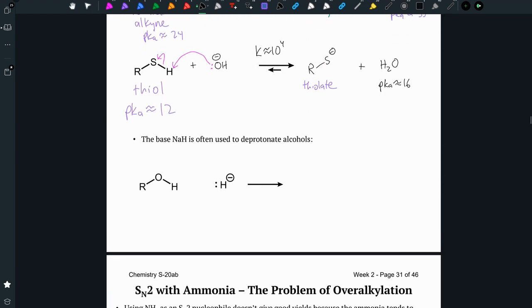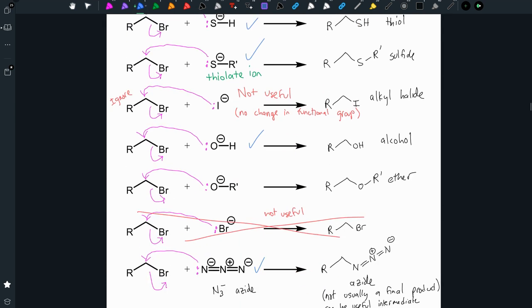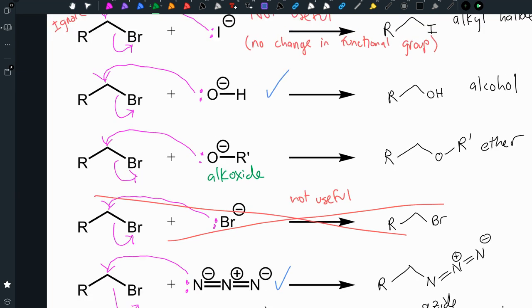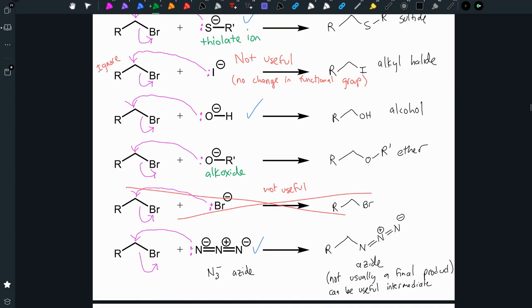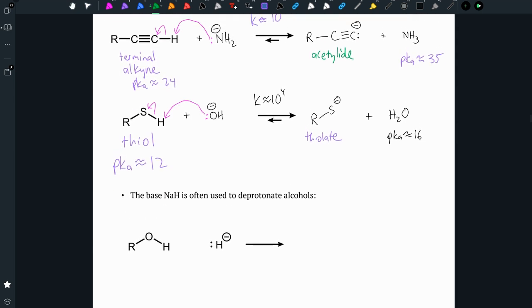All right, then one more. So I've covered how I can make thiolate. One more I might want to make is this RO minus ion. We call this an alkoxide, because it's an alkane with an O minus. And if I want to make an alkoxide as my nucleophile, I will use an acid-base reaction, but I'm going to use a different base. This is a base that you haven't seen.